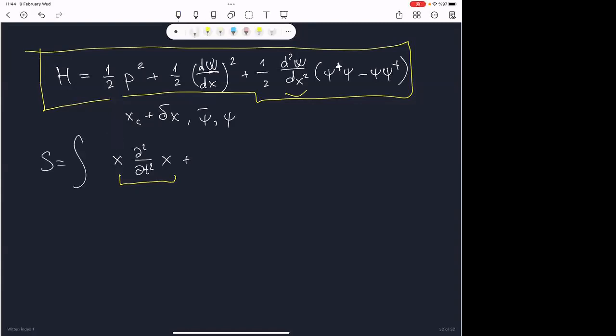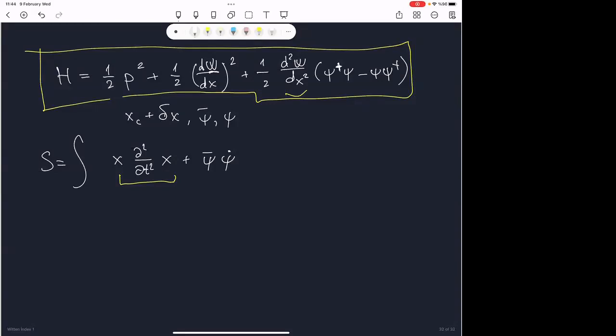Now there's also a similar part coming from the Grassmann variables. So it's just psi bar psi dot. And now there's a part coming from the prepotential.